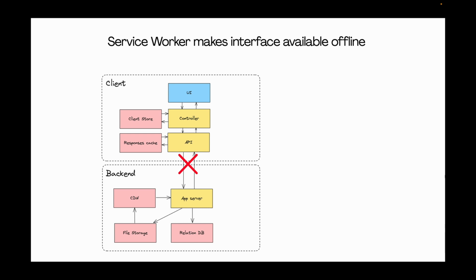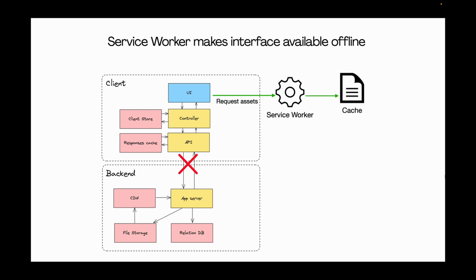Let's see how it works. Our application tries to get files from the server, but since there is no connection, the request fails. If we don't have a service worker, we just simply show a 404 error. A service worker can intercept requests, and if the user is offline and assets are cached, redirect the request to the cache and return saved assets.